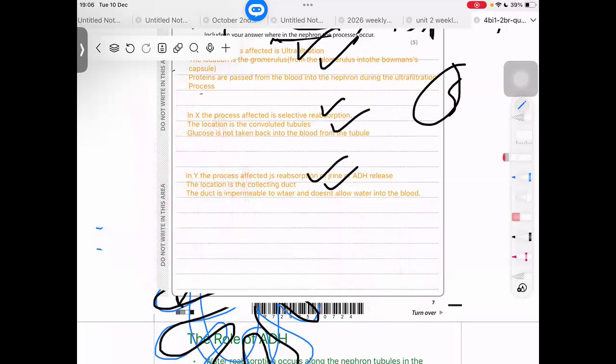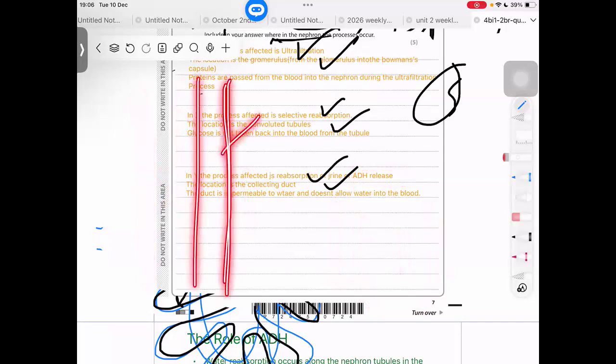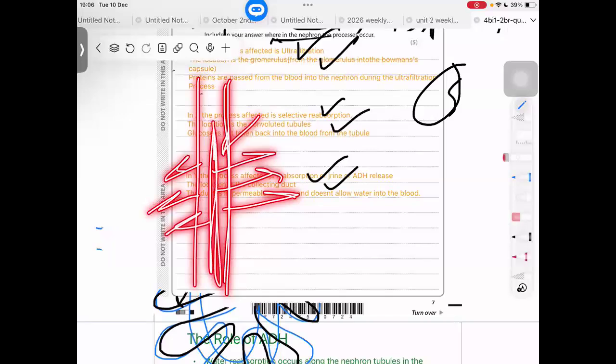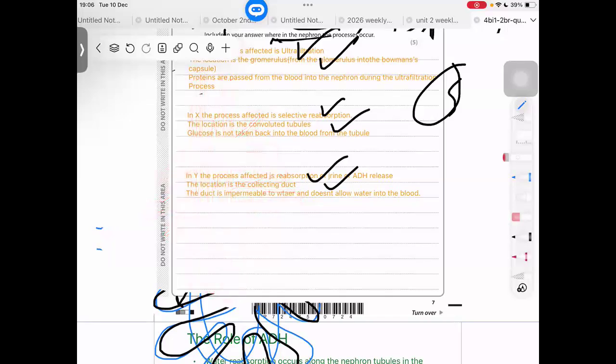But because the ADH release is affected, because the ADH is not released properly by the pituitary gland, the collecting duct is made impermeable to water, and water can't move out of this collecting duct. As a result, water will be there in our urine. So the full answer: you should mention that the process affected is ADH release.